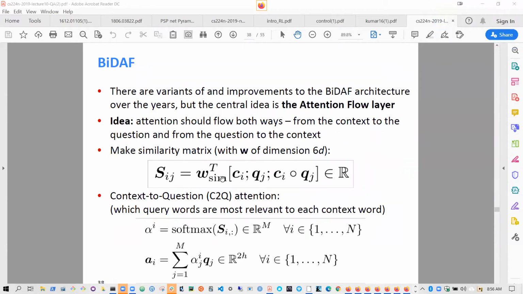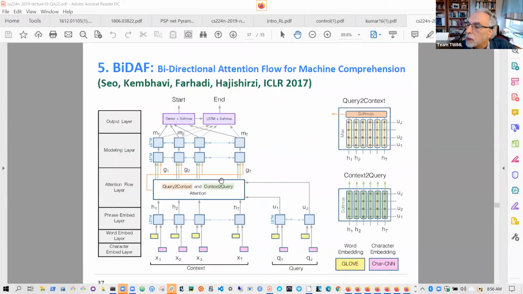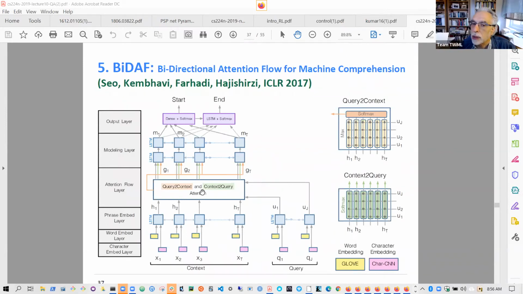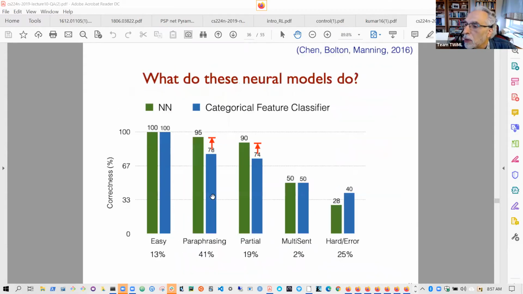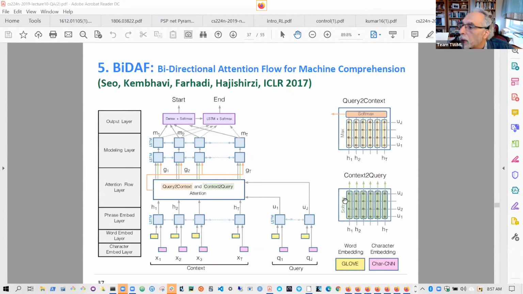So where does this come in the diagram that we had just seen? The schematic diagram of BiDAF, this one. We are computing this context-to-question attention, this alpha, and it comes in right here.